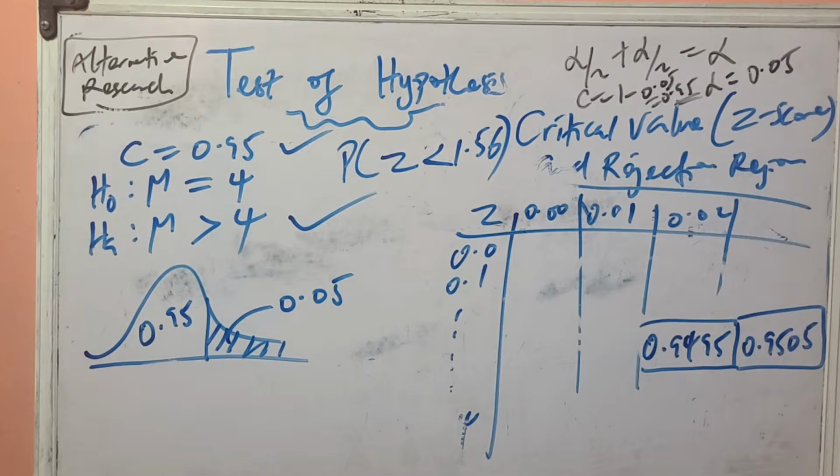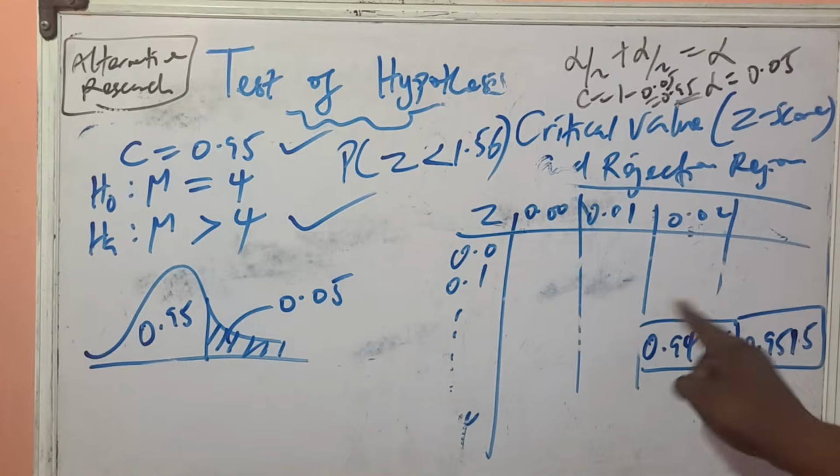There are some cases where, for instance, the next one after 0.95 was 0.9515. If this was the case, with 0.9495 and 0.9515, I will automatically pick 0.9495. You know why? It is the closest.